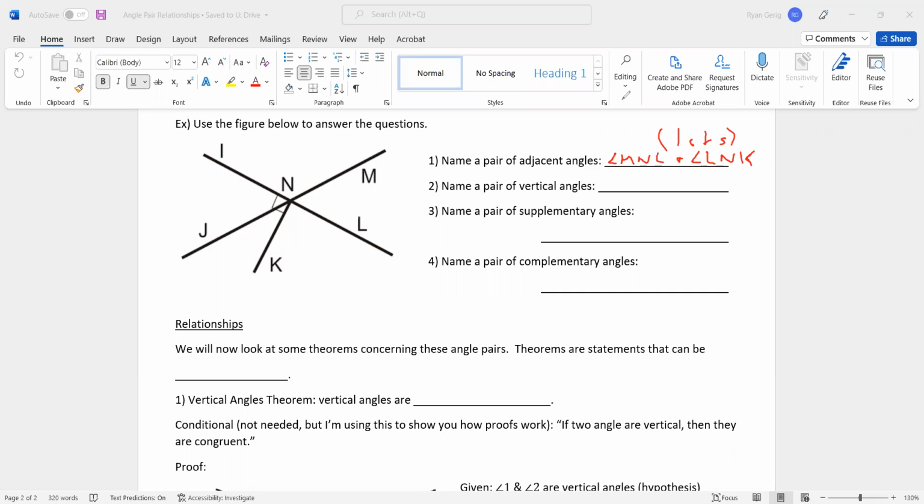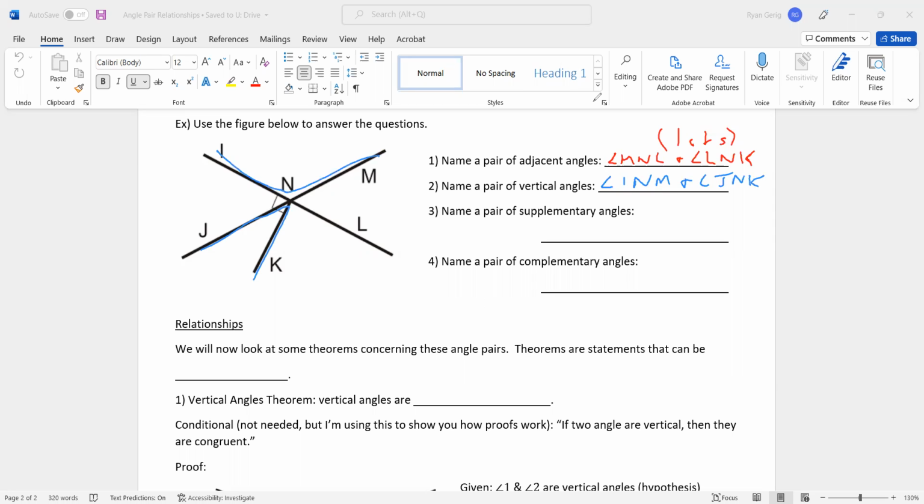Okay. Name a pair of vertical angles. Now this one can get a little tricky. I'm going to do this one incorrectly first. So make sure you hear me when I say I'm going to do it incorrectly. I'll see people say angle INM and angle JNK. Well, let's do that real quick.